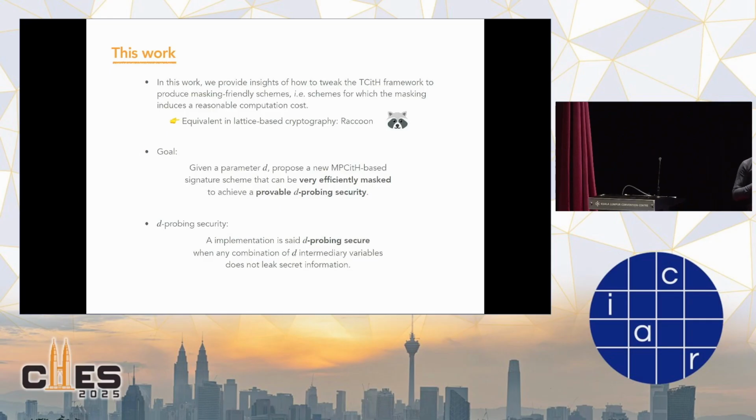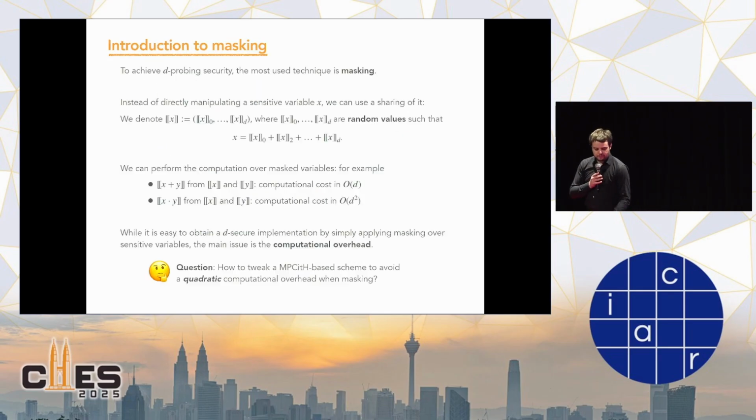More precisely, we try to propose a new MPC-in-the-head based signature which can be very efficiently masked to achieve provable d-probing security, meaning that if the values of d variables leak during the execution of the program, the secret must remain secret. To achieve such security, the most used technique is masking.